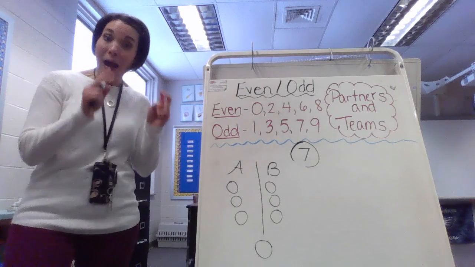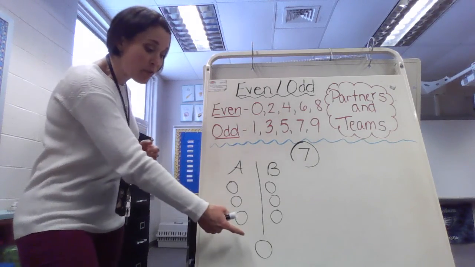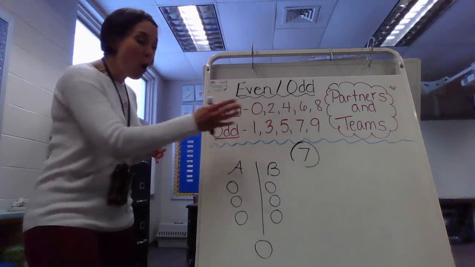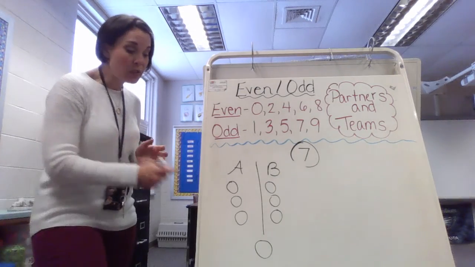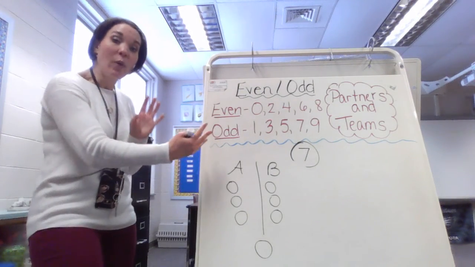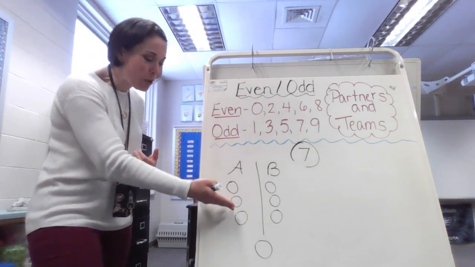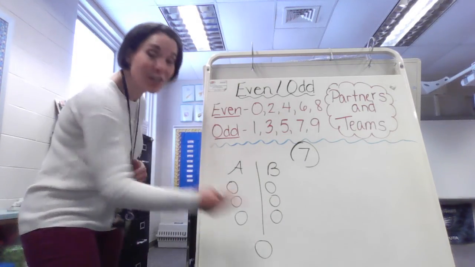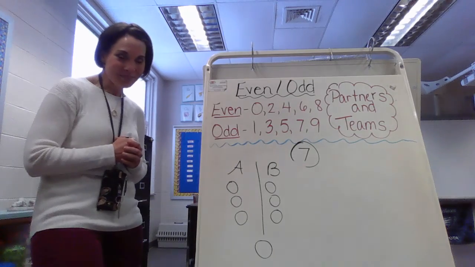Here, since we're dealing with an odd number, somebody's going to be left out, so one team has one extra person over the other. Notice that when we did partners, we had 3 groups of 2. When we look at our teams, we have 2 groups of 3, but you still have that one left over.